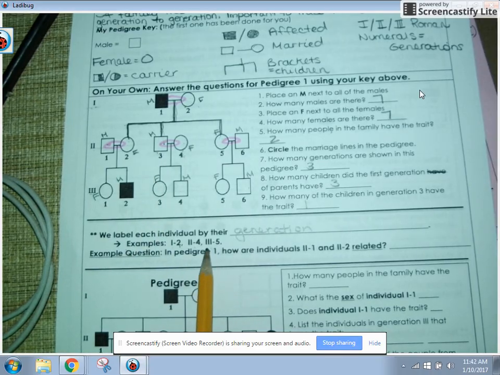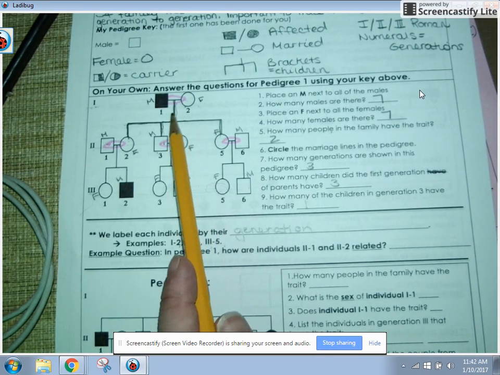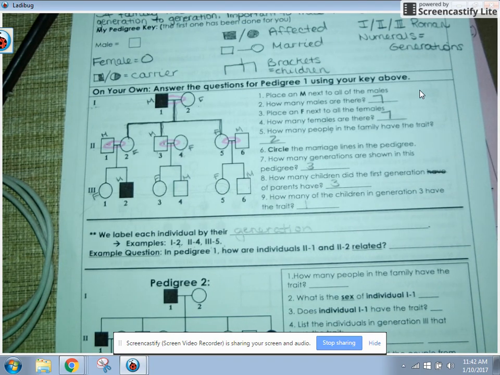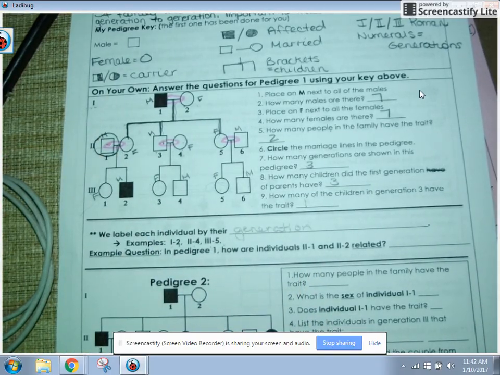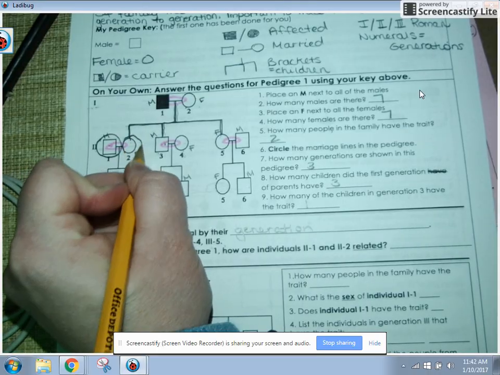And if I look at generation 3, person 5, I'm looking at a granddaughter, really, of these original people.